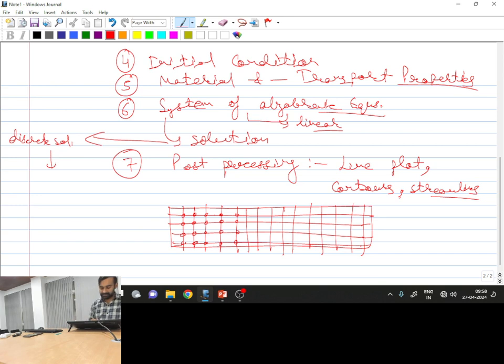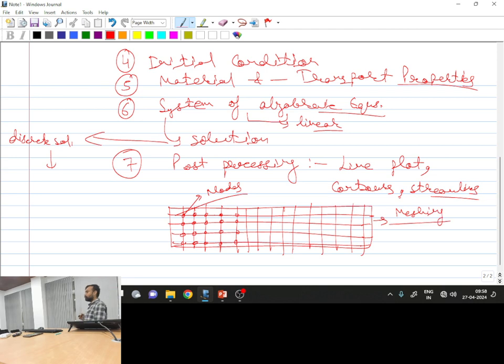These discrete locations are nothing but your nodes. Is this point clear? Whenever this process is applied on a geometry, the process of dividing your physical domain into a number of small elements is called meshing.